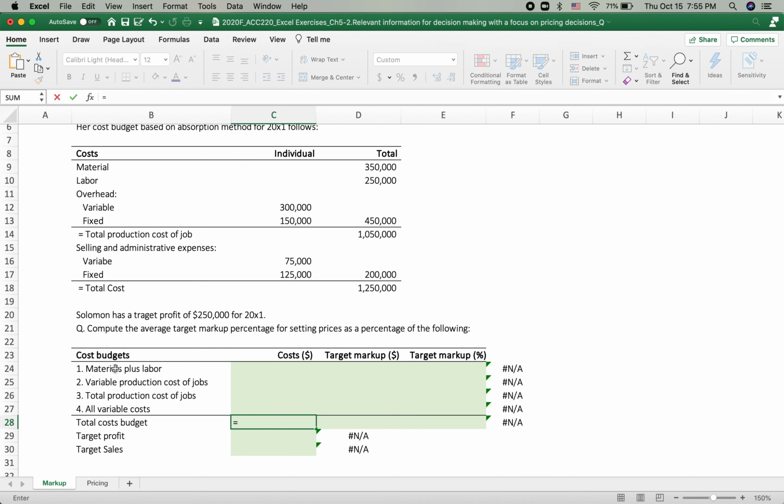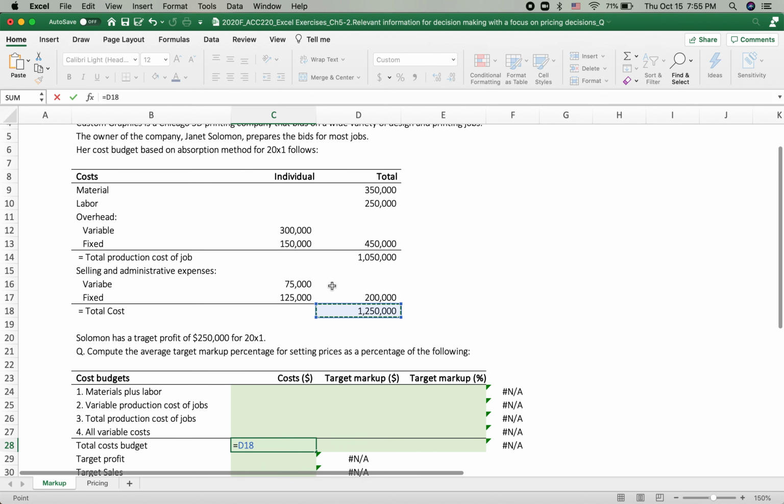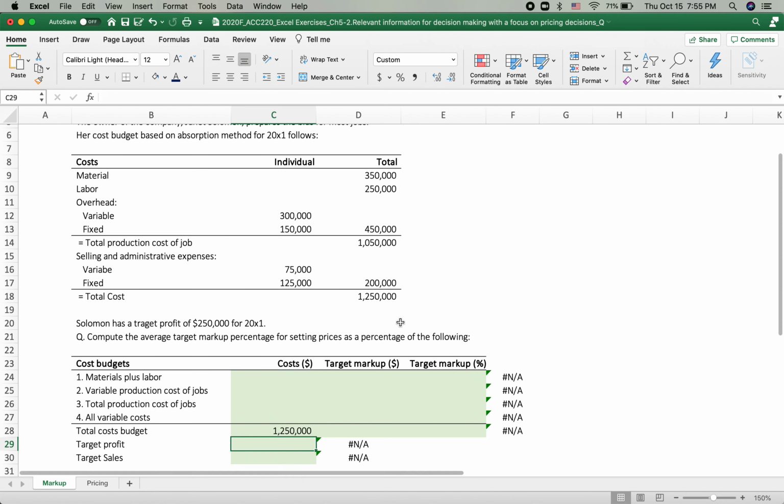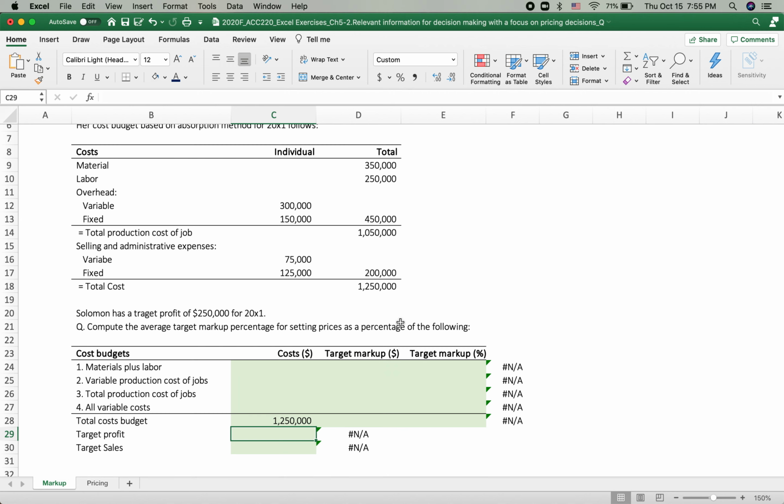Here, the total cost budget is based on this schedule, 1,250,000. Then target profit, the Solomon has is 250,000. So it's easy to set up the target sales.